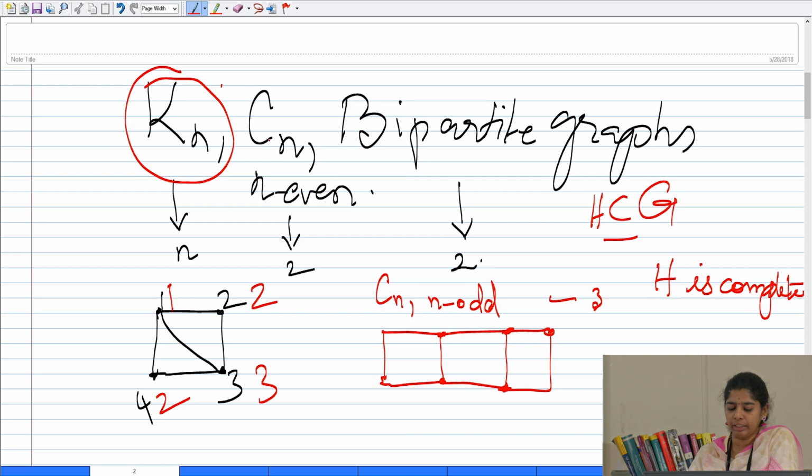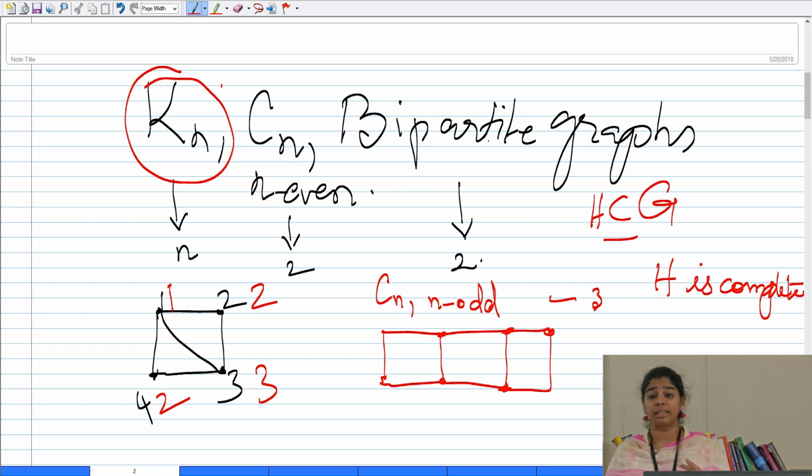Whereas if you see the other graphs that I have drawn here, either Cn or bipartite graphs, what is the maximal complete subgraph? 2, right? If you add any third vertex, it is not going to form a triangle obviously. So in each of these graphs, the maximal complete subgraph has size 2 in the other Cn and bipartite graphs. So we require at least 2 colors.